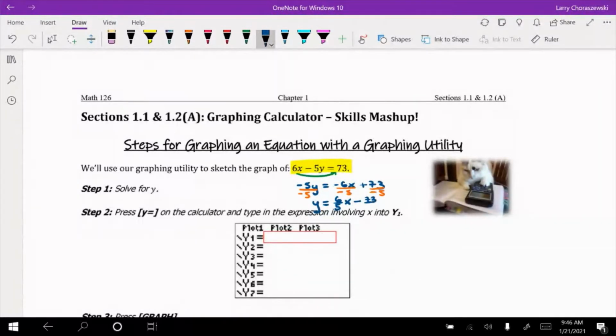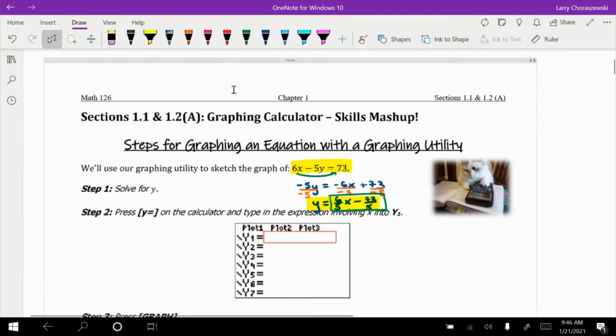And 73 over 5 doesn't break down, so we'll just leave it as 73 over 5. So this is what the calculator would prefer versus the original version of the equation. And it's this right-hand side that we'll type into one of our calculator menus.